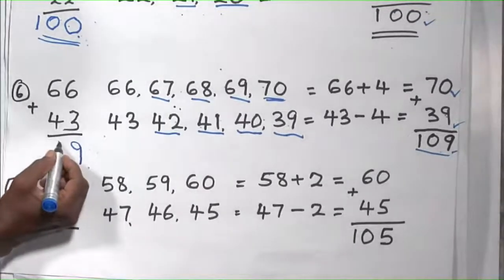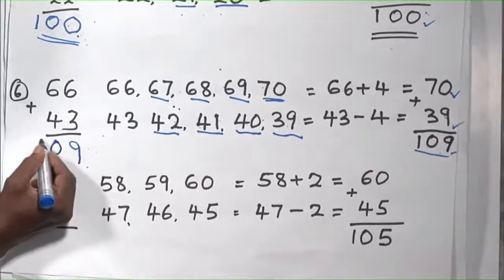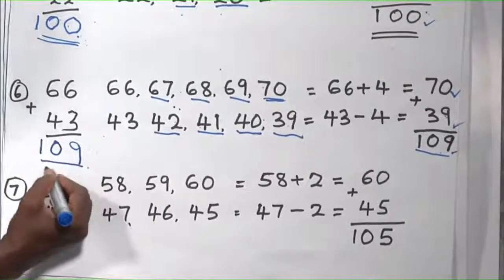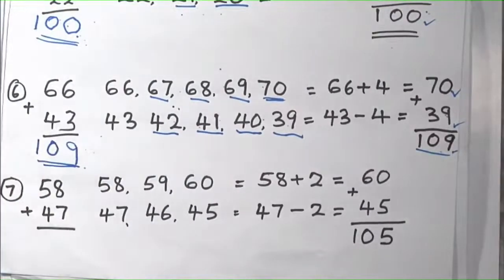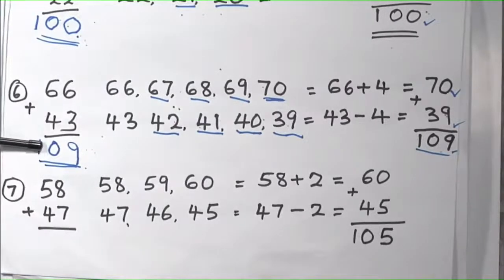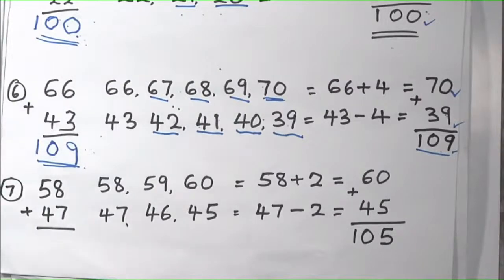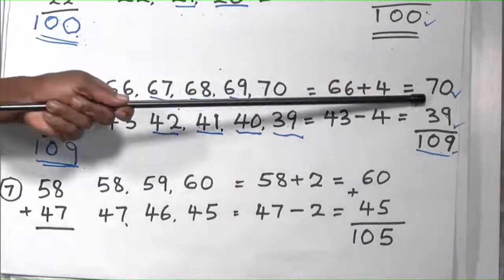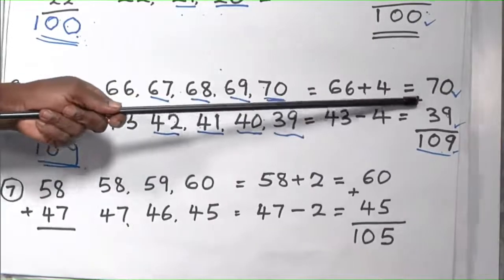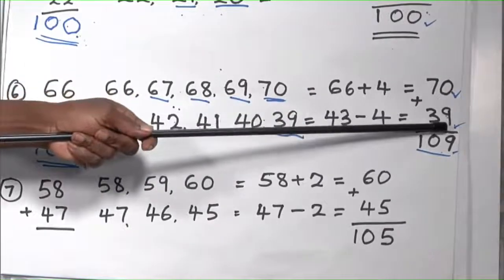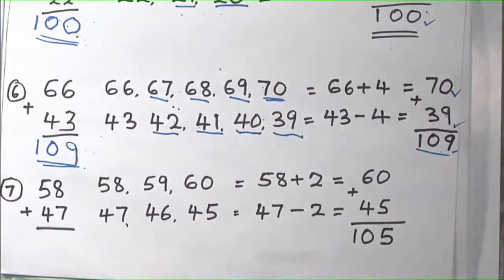Good. So we see that 66 plus 43 is the same as 70 plus 39, because they all have the answer 109. Good.